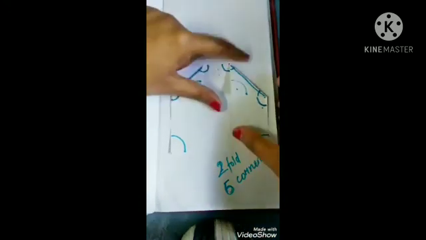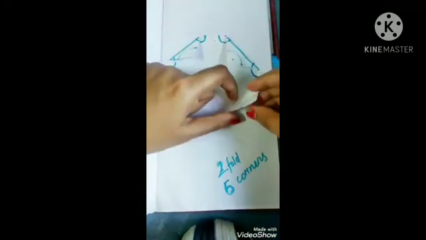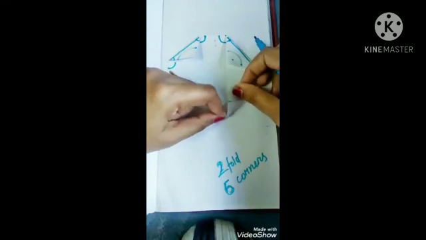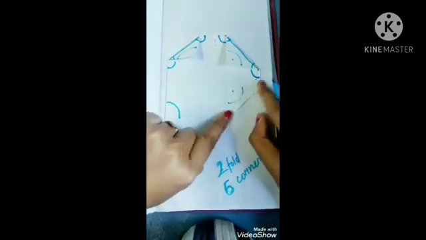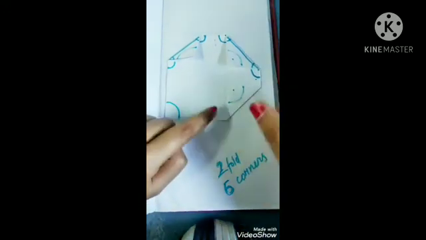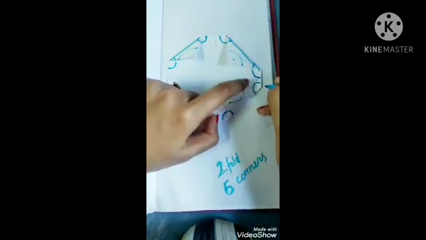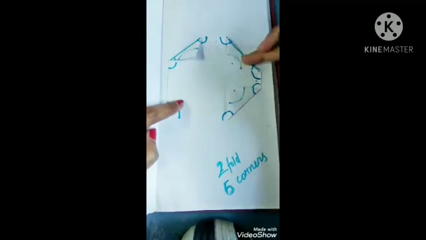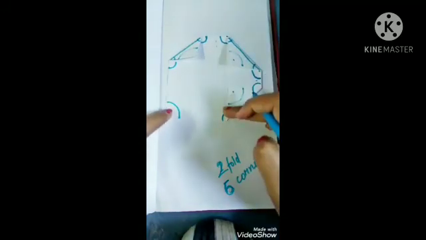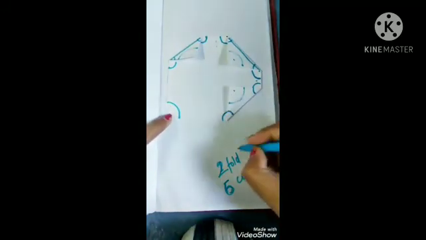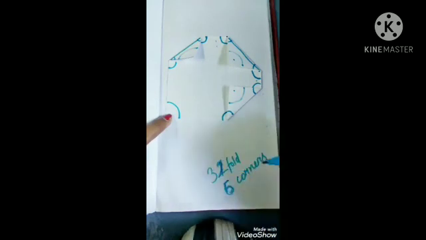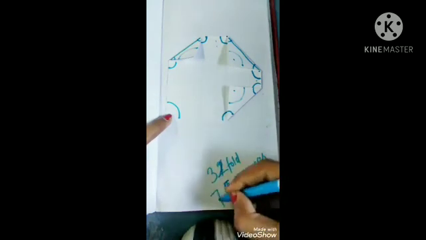Okay, now if I fold this side this way, again one side I am getting, and here 2 more corners, 1, 2, right? So here 1, 2, 3, 4, 5, 6, and here one more, so 7. So if I do 3 folds, then I'll get 7 corners.